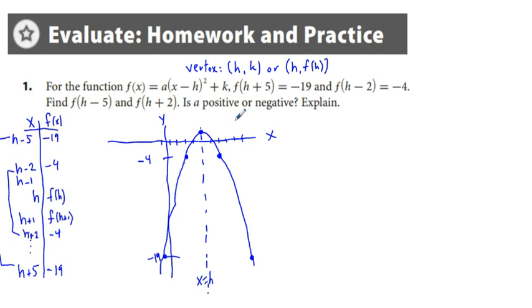So what do we know? Well, we have a downward opening parabola, so a is going to be less than 0.